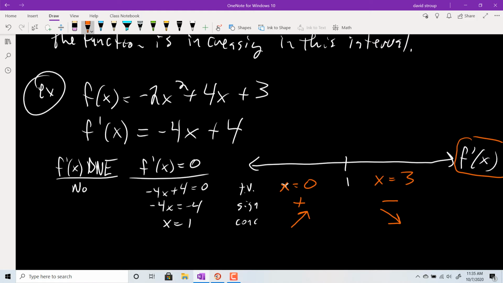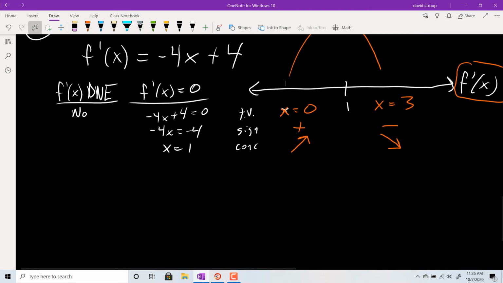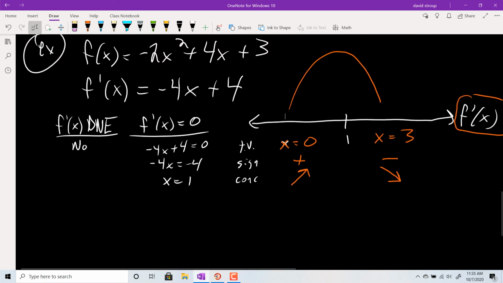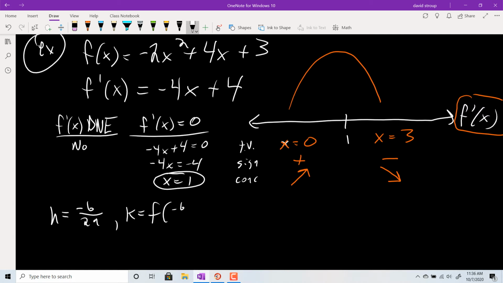If you think about what this is, it's a parabola, right? And it's going to be going up and then back down. As a matter of fact, that critical value should just be the x value of the vertex. You could find the vertex by using the formula h equals negative b over 2a, where a, b, and c are coming from this quadratic.